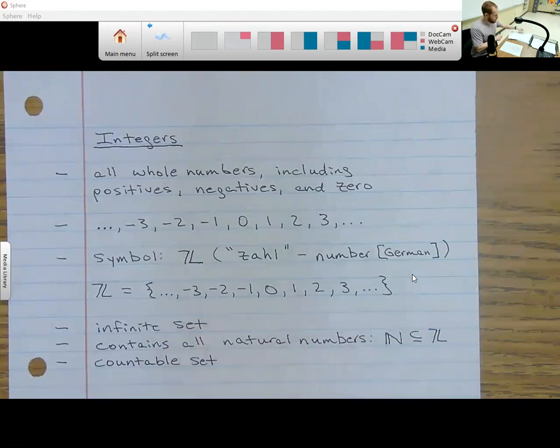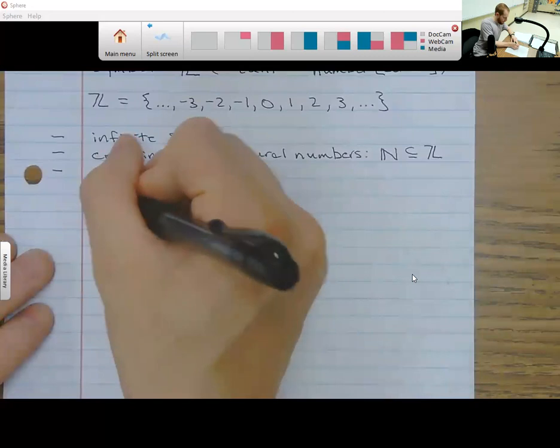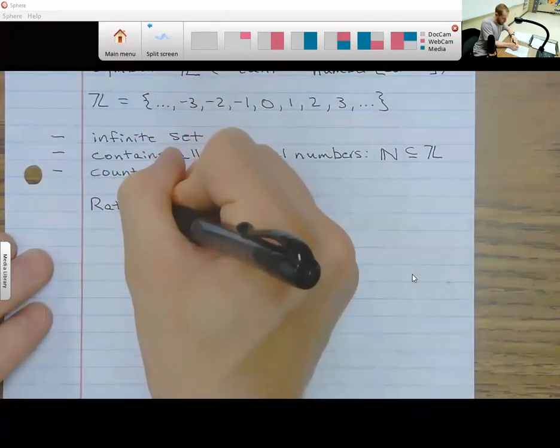The next set of numbers is going to be called the rational numbers. So now we're going to start getting into fractions. And you know how complicated those can be, so let's talk about it.